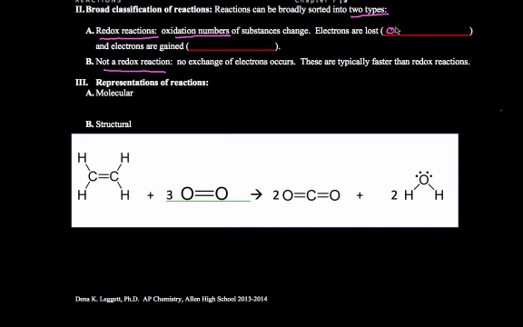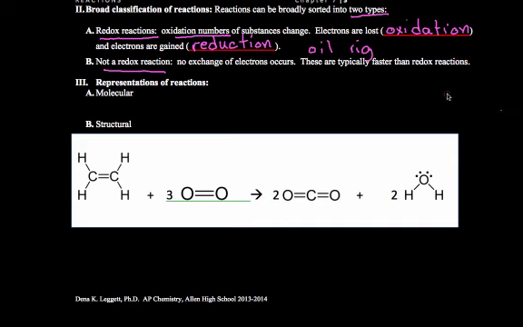That's called oxidation. Oxidation is loss. And electrons are gained, and that's reduction. So in pre-AP chemistry, you remember the phrase OIL RIG. Oxidation is loss, reduction is gain.